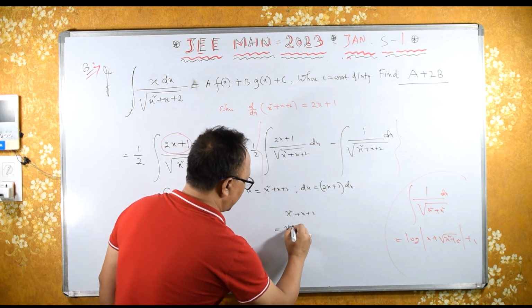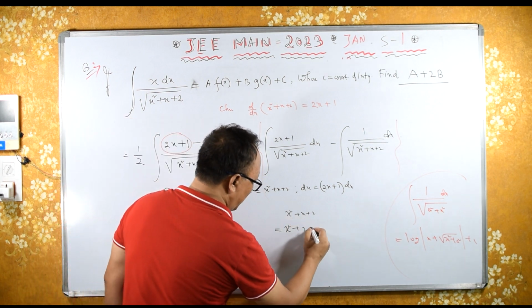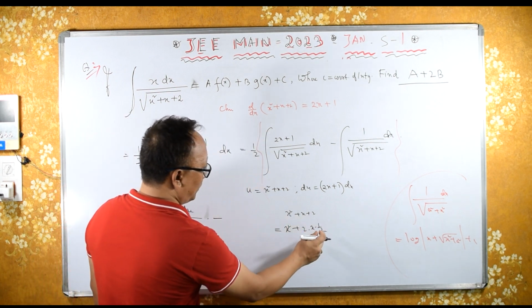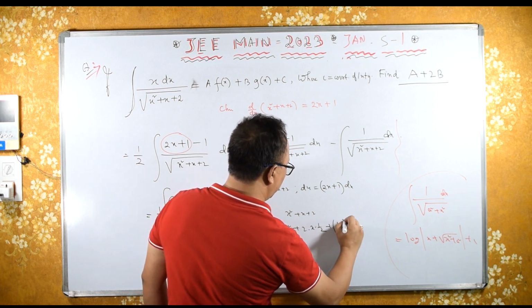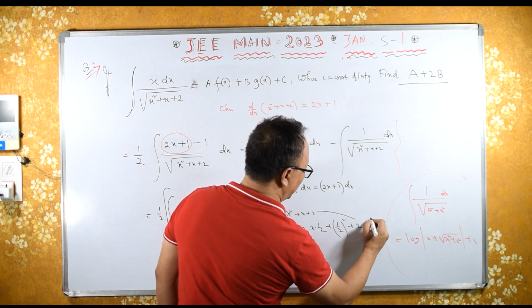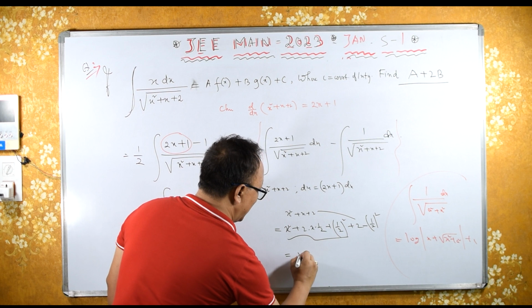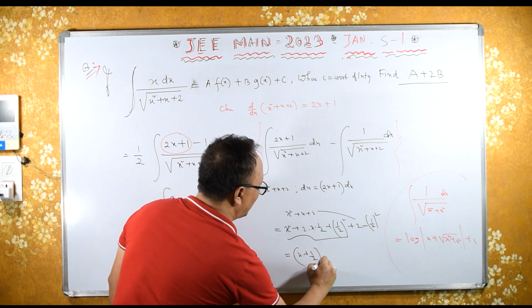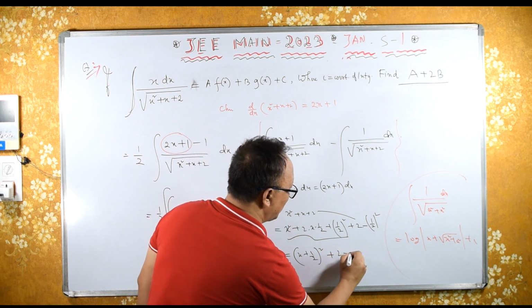This is the same as x square plus twice x into 1 by 2, because the 2 gets cancelled, plus 1 by 2 the whole square plus 2. This is extra, so I am cancelling it. Therefore this becomes x plus half the whole square plus 2 minus 1 by 4.